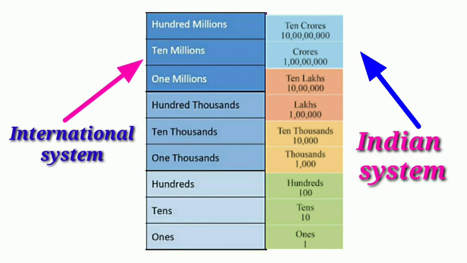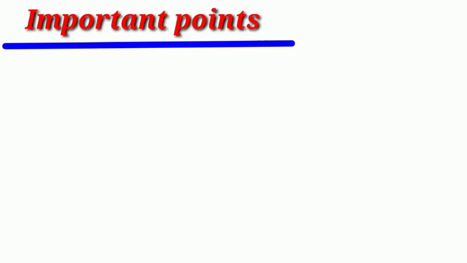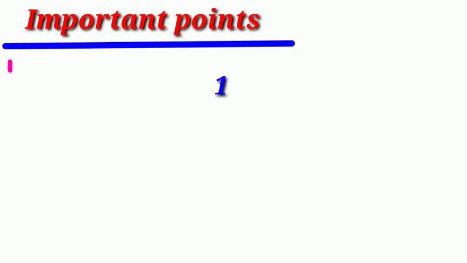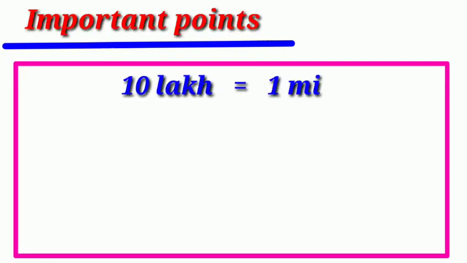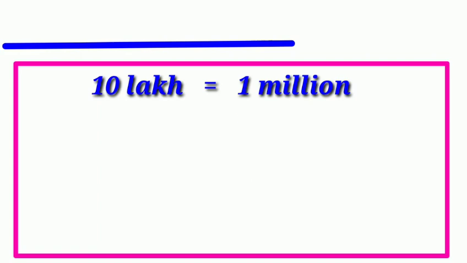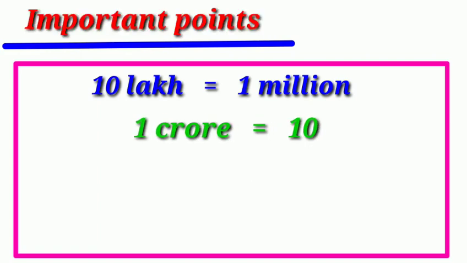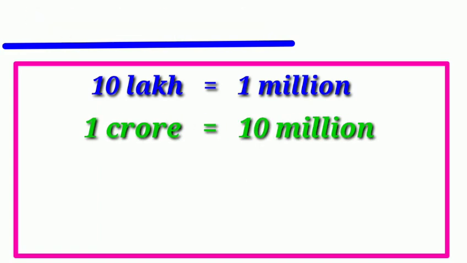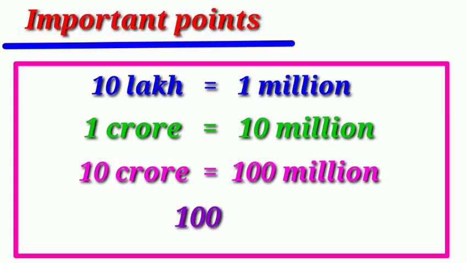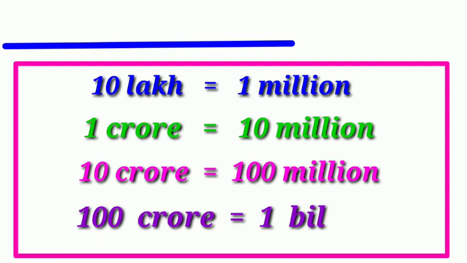So let us learn some important points. Observe carefully, children. Remember these. 10 lakh equal to 1 million. 1 crore equal to 10 million. 10 crore equal to 100 million and 100 crore equal to 1 billion.